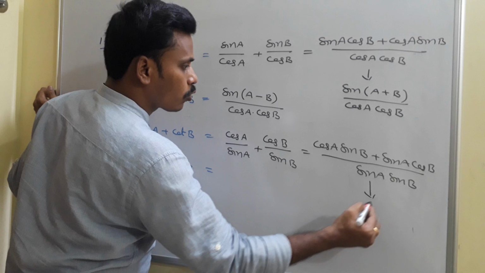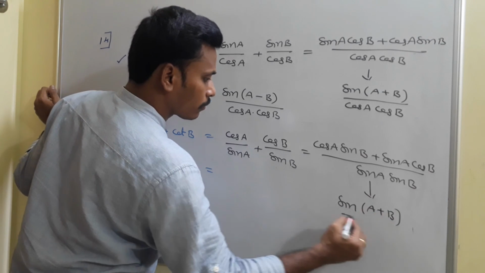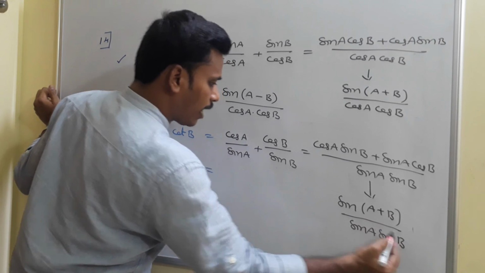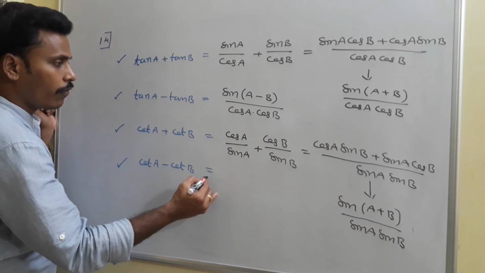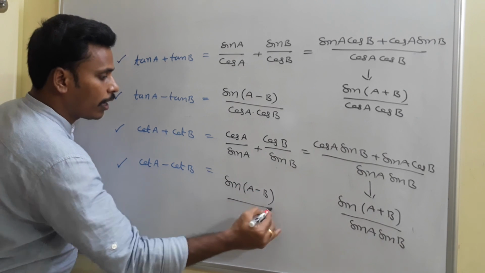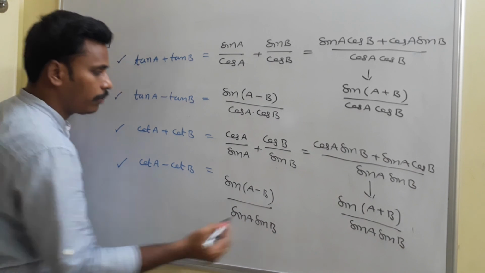And again this is equal to what? Sin of A plus B divided by sin A sin B. And further if you simplify this, you will get that sin of A minus B divided by sin A sin B.